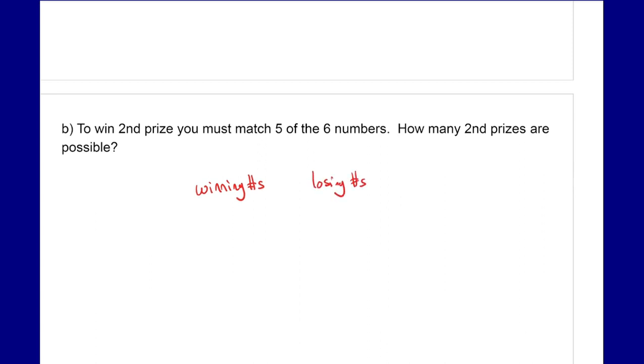We might also consider this a success and a failure. So how many winning numbers are there? Well, there's 6 of them, and I'm choosing 5. And I'm going to multiply that by the losing numbers, which is 43, choosing 1. Similar concept, but hopefully now you can see the connection to hypergeometric.